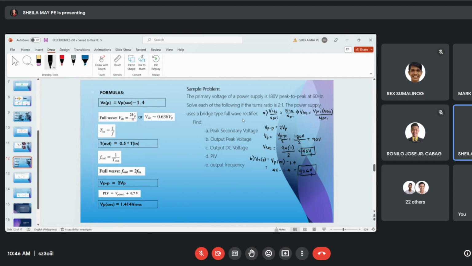Letter C, VDC at output. So that would be 0.636, or you can use this, okay, multiplied by our V output. Compute. 27.73, miss.